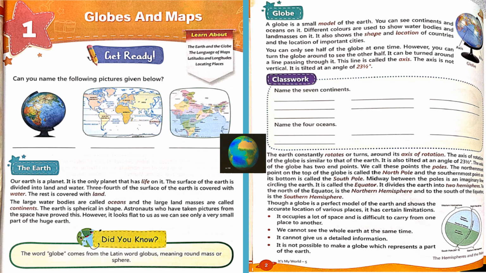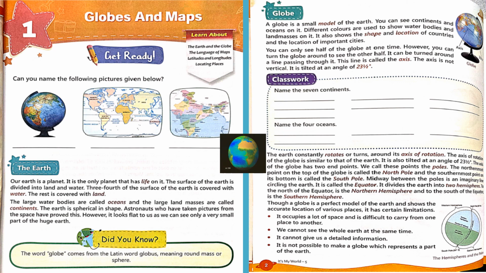Yes, the axis is not vertical. It is tilted at an angle of 23½ degree. The earth constantly rotates or turns around its axis of rotation. The axis of rotation of the globe is similar to that of the earth.